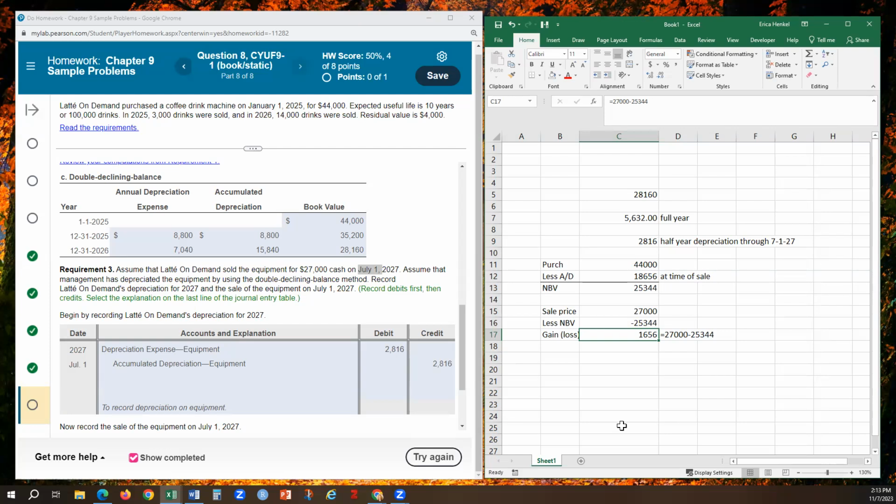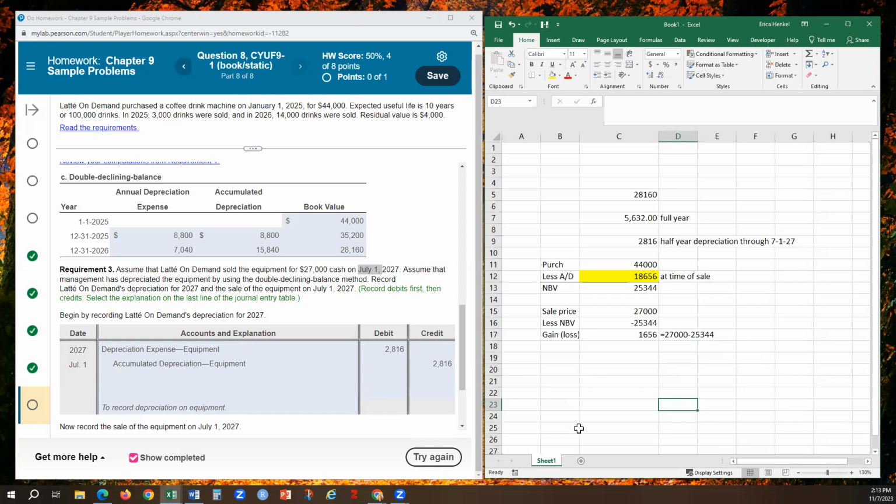So we're going to make an entry here that is very similar to what we made before, where we're going to be debiting accumulated depreciation to wipe that out, which is going to be this amount right here. Oh, we're not doing an exchange here. Sorry.